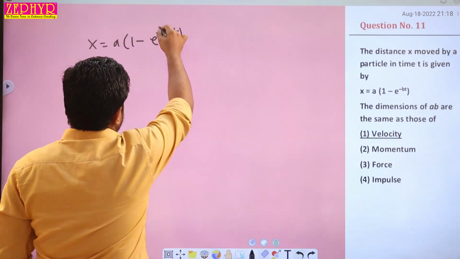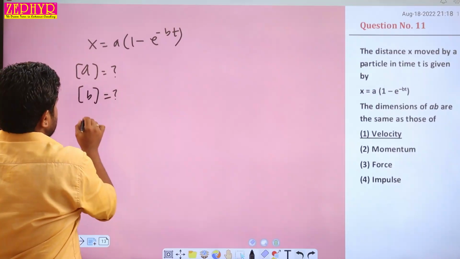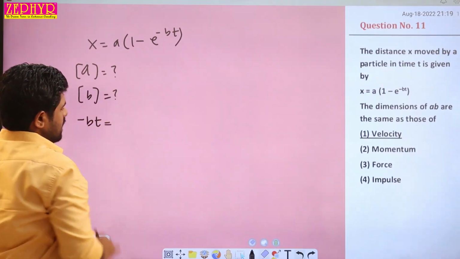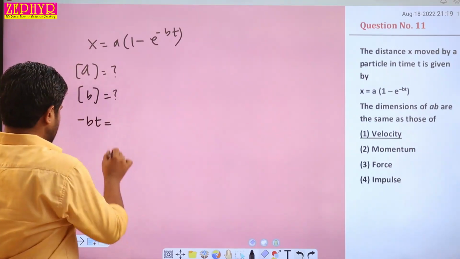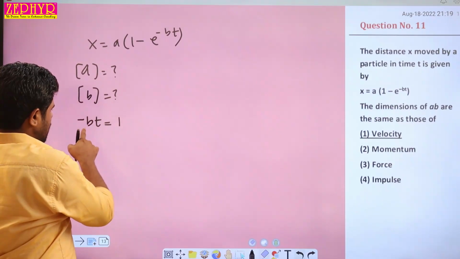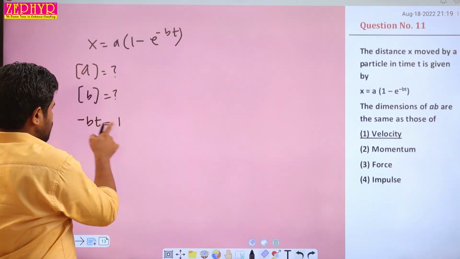First we know e exponential e raised to minus bt. See here the minus bt, that one is a dimensionless quantity, therefore its value is equal to 1. Dimension of minus bt is dimensionless, that is equal to 1.